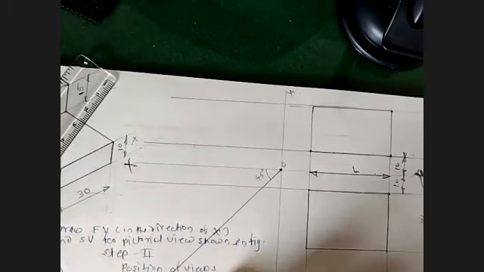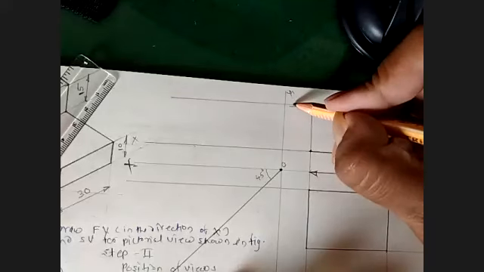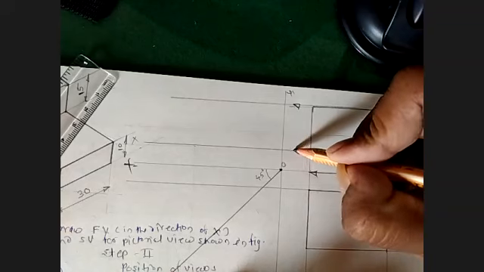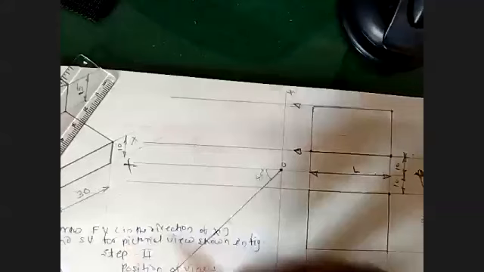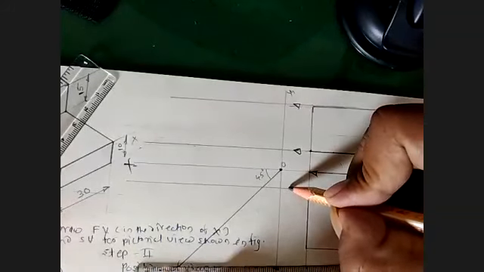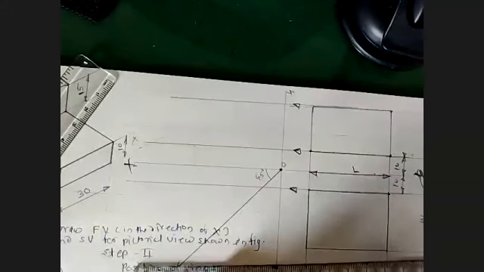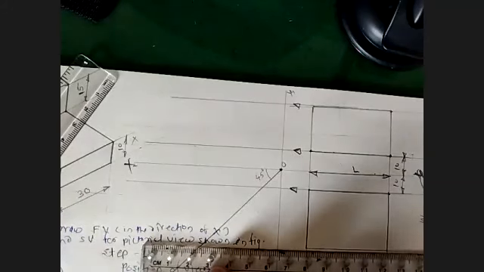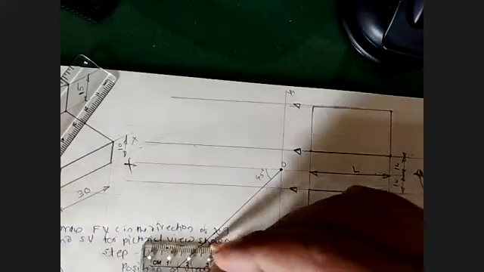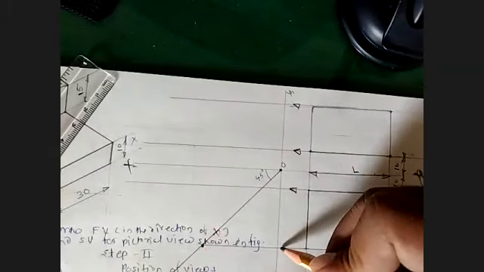Then I will show you the arrow, because we have projected it in this direction. Similarly, this is already there, but still I will show it with the arrow. Then from here, I will extend it till it touches this 45 degree inclined line.